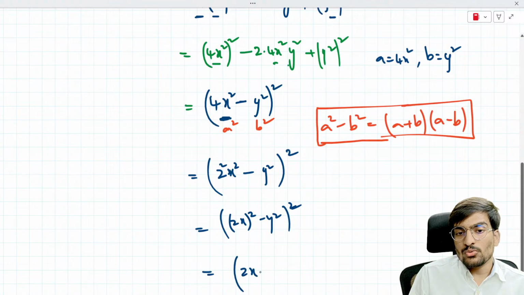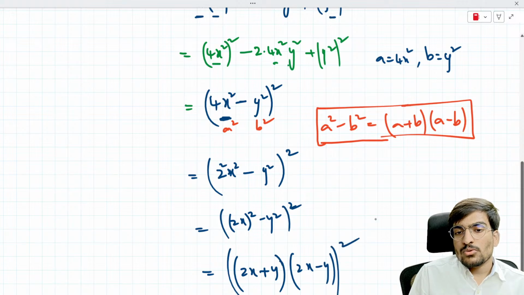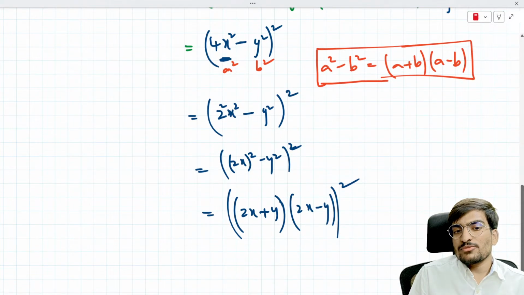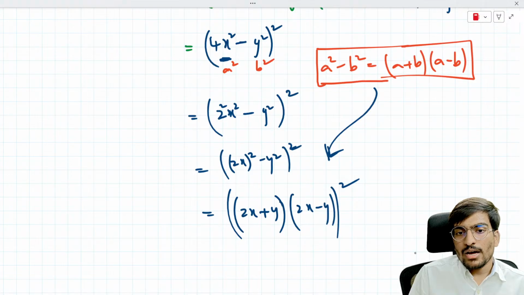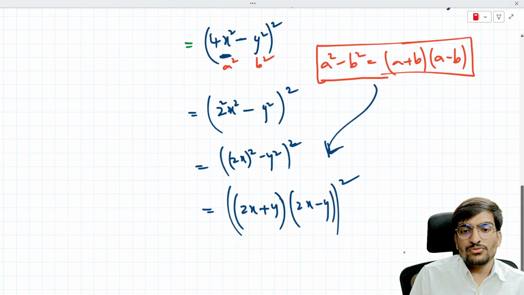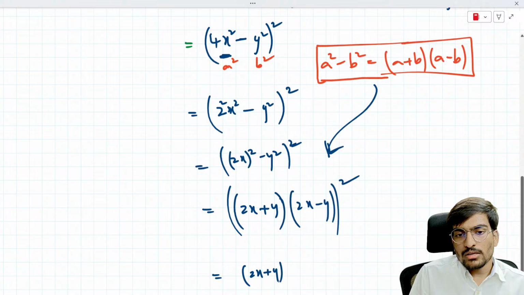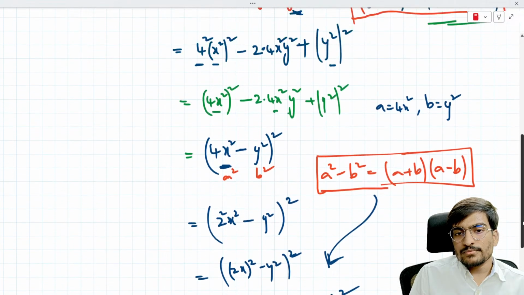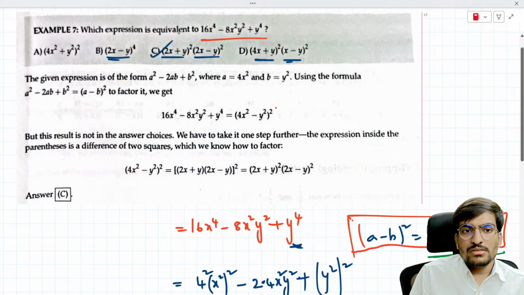So that equals (a plus b) into (a minus b). This is what I applied. Now let's check 2x plus y, 2x minus y. Yes, we have that option, but this square thing is applied inside. So that is (2x plus y) whole square (2x minus y) whole square. So that is option C.